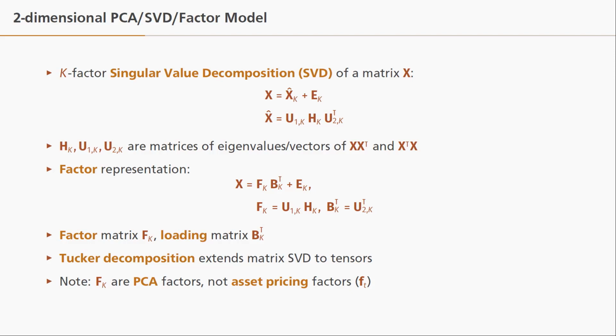That's really all it is. Just to avoid confusion, for now, when I say factor, I refer to PCA or tensor factors, not asset pricing factors yet. Until we get to the asset pricing piece, when I say factor, I always mean a PCA factor or a three-dimensional factor.